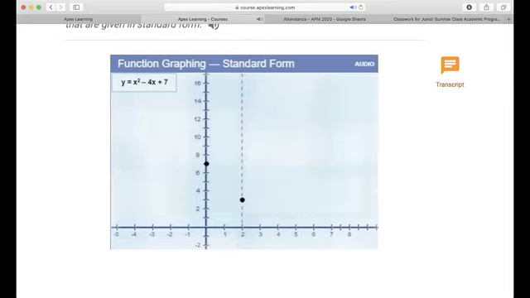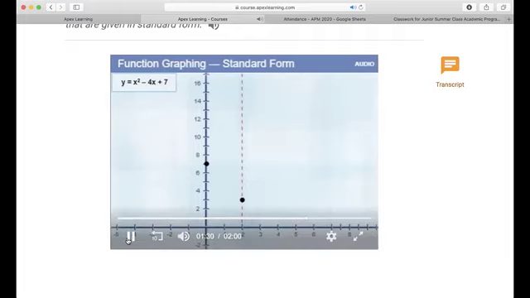You might be able to make a rough sketch of the rest of the function with this information, but it would be helpful to find a few more points to make the graph more accurate. You know the function must be symmetric around x equals 2. So you can reflect the point for the y-intercept across the axis of symmetry to get another point at x equals 4.